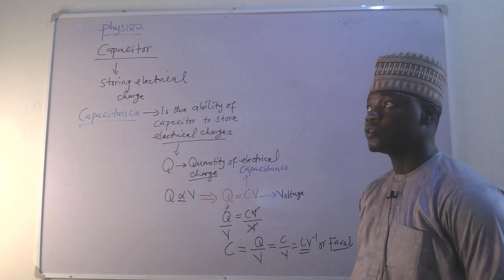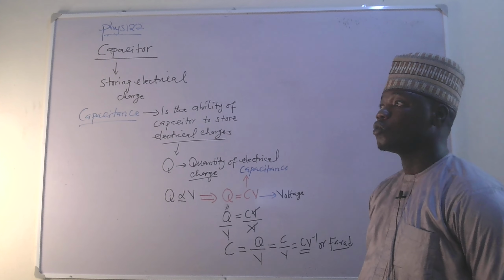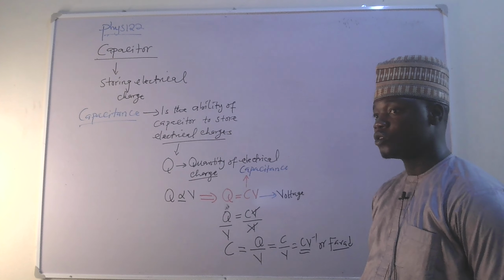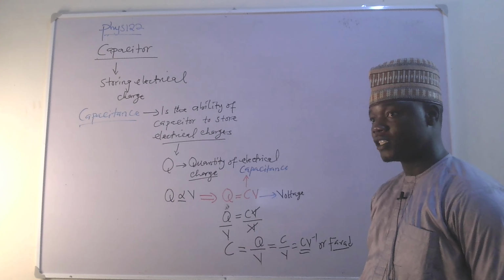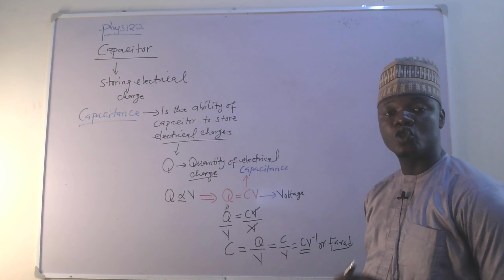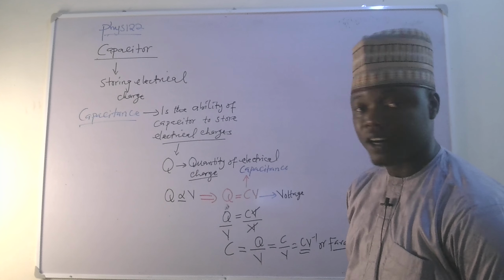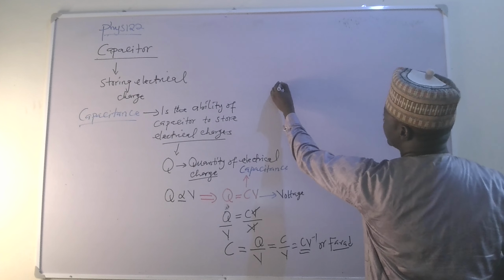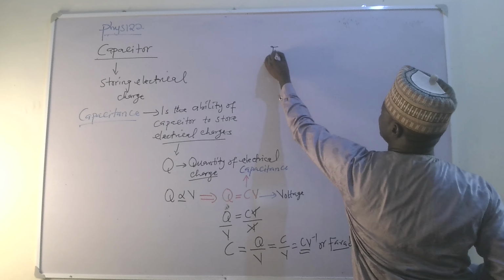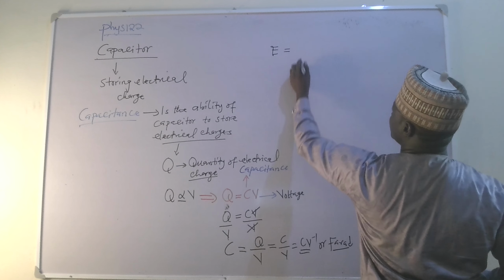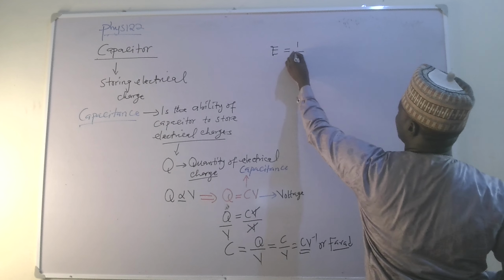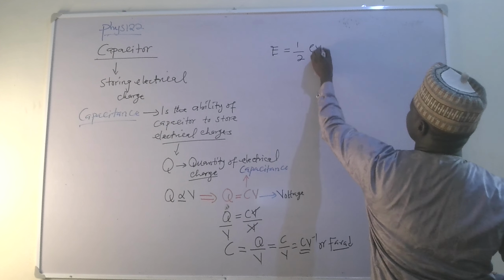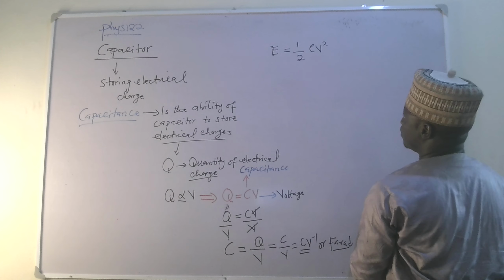The energy stored in a capacitor is equal to 1/2 CV squared.